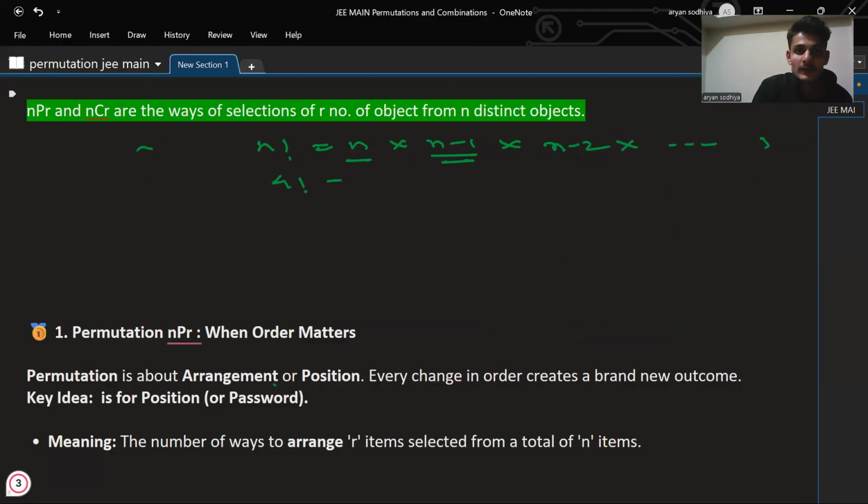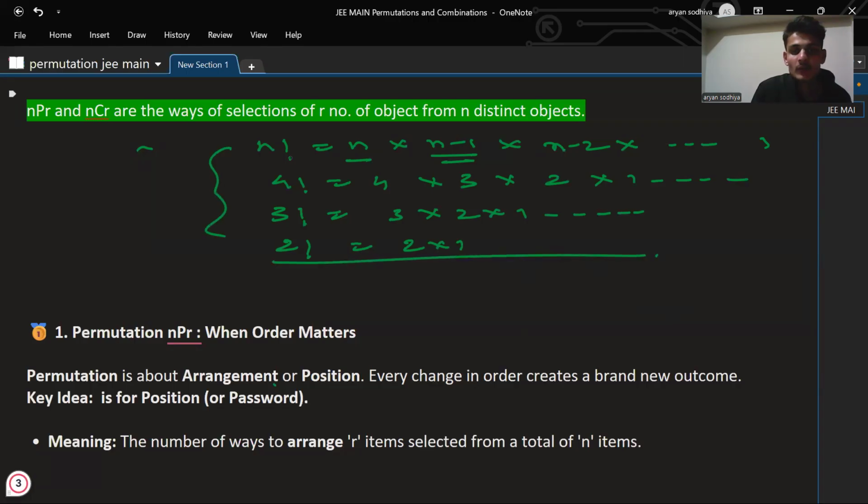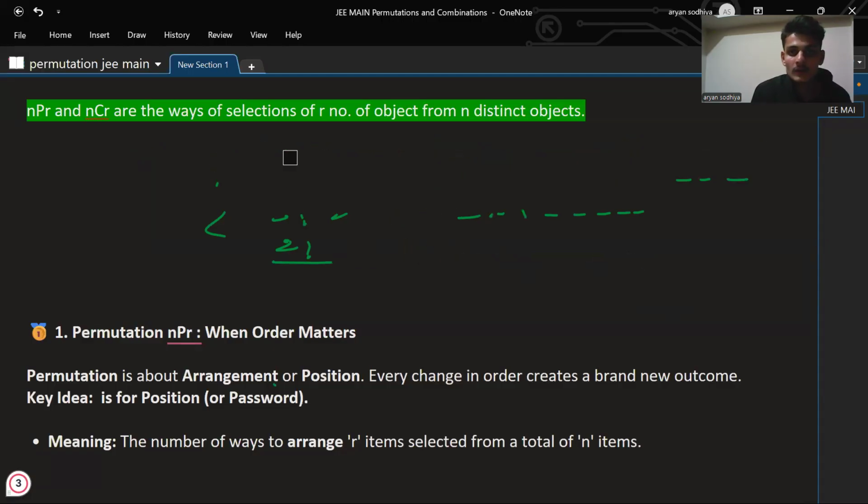Like 4 factorial becomes 4 into 3 into 2 into 1. 3 factorial becomes 3 into 2 into 1. 2 factorial becomes 2 into 1. So this is what factorial means.